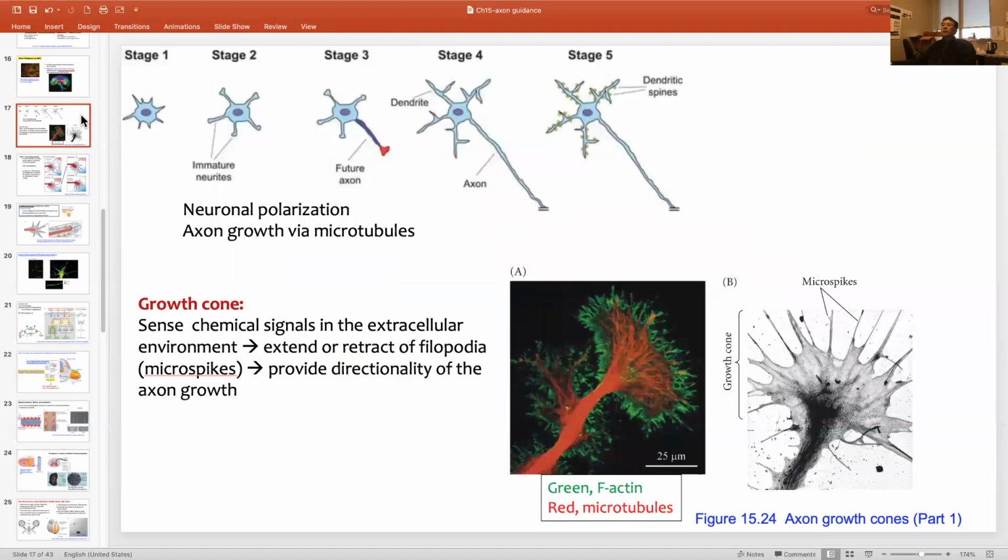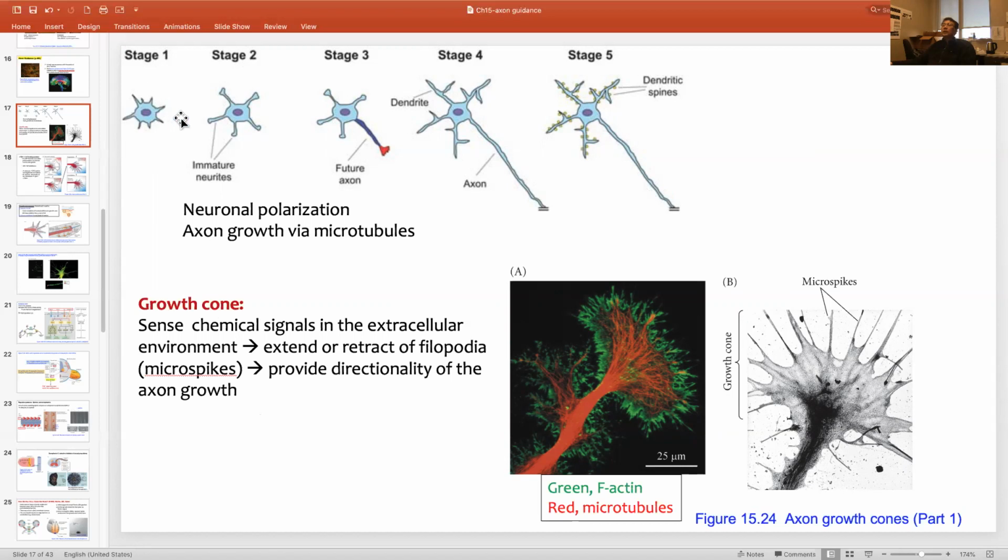So let's talk about axon formation first, and then how the axons are guided to specific targets. This first part I copied from the literature, and it shows developing neurons. When the neuron is first born, it doesn't really have this kind of structure; it is not a polarized structure.